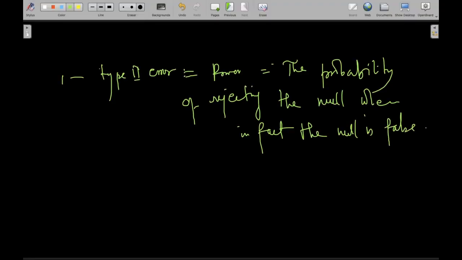That's basically the idea of power. You are correctly identifying those cases where the null is false.